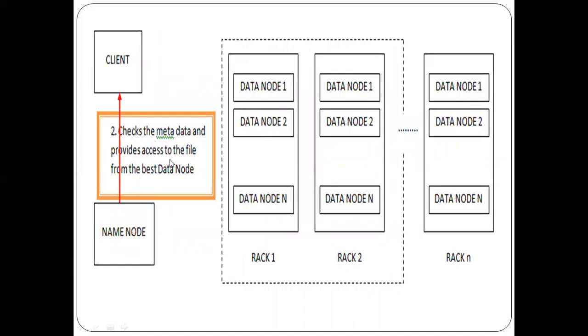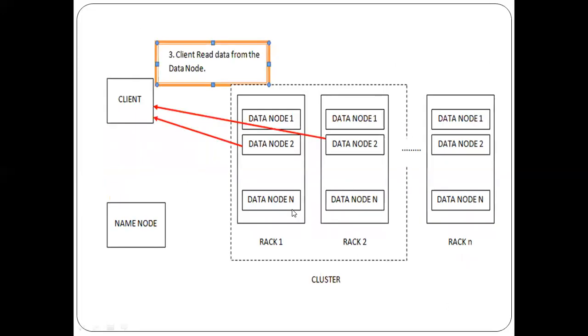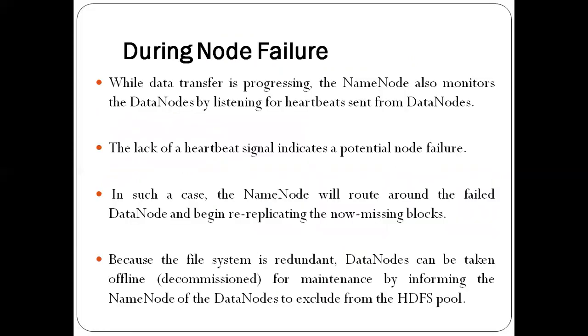The name node will check the file name in the table present in the name node, and it also checks the metadata and provides the access to the client. Third step is after getting the access, the client will read the file and after the read process, it will inform the name node that the read operation is complete.